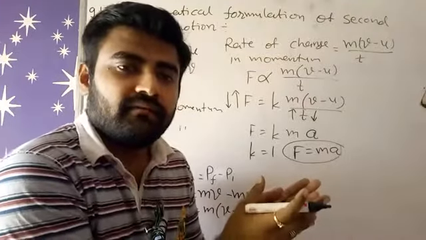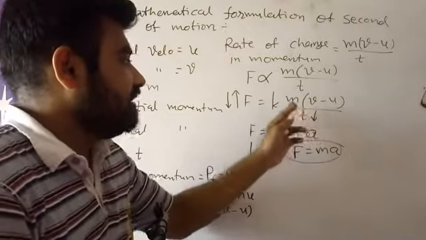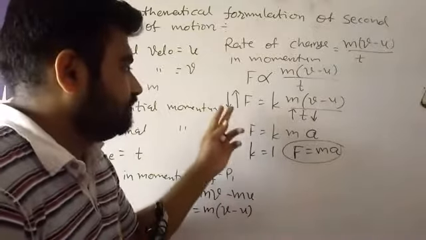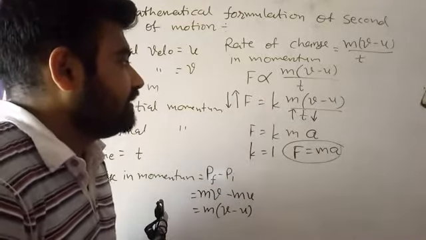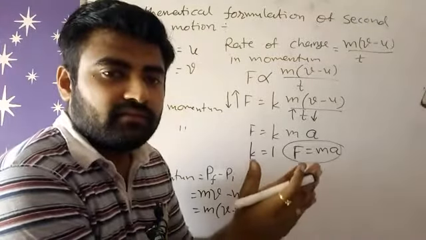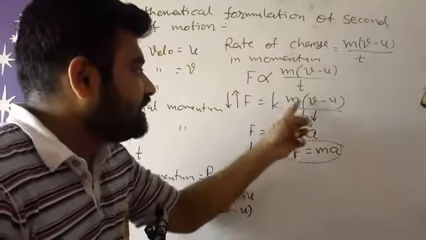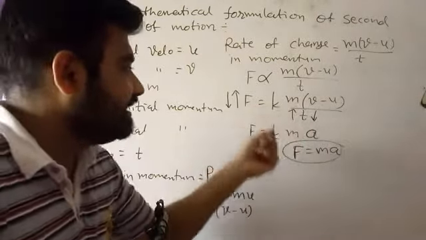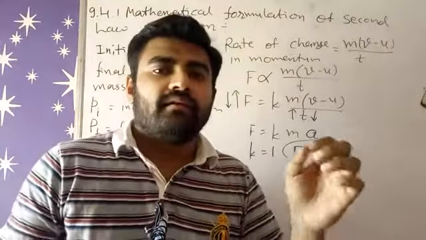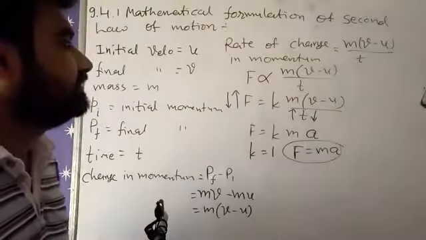If we keep our hands still, the time decreases and we can damage our hand because of the large force. But the player always moves his hand backward during the catch, so the time increases, and whenever the time increases, the force decreases and the hand will not get damaged. So that is the reason, right?